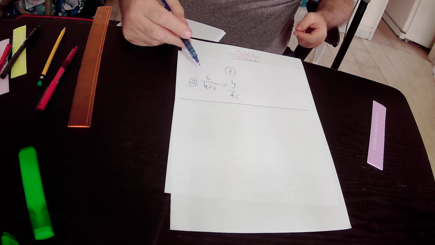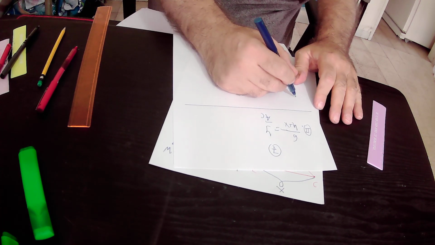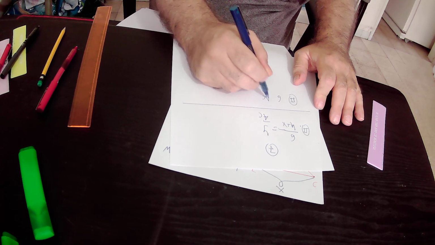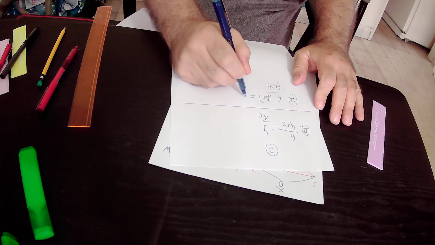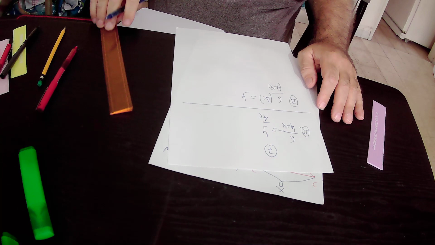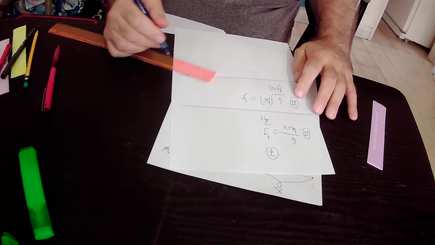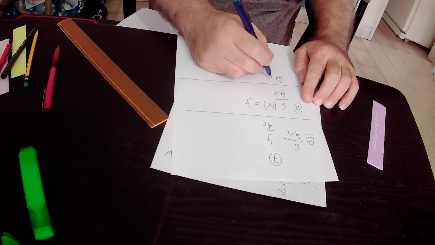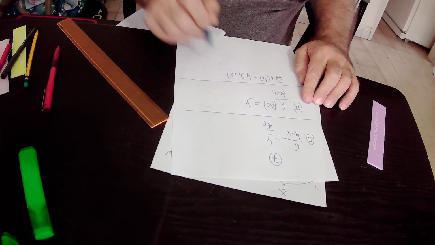Here we will multiply equation number 2 by AC, and we will get that 6 times AC over 4 plus X equals Y. We then multiply equation number 2 by 4 plus X, and we get that Y times 4 plus X equals 6 times AC.